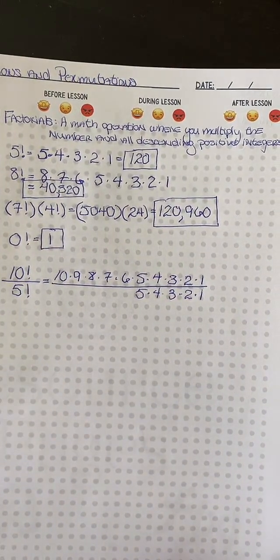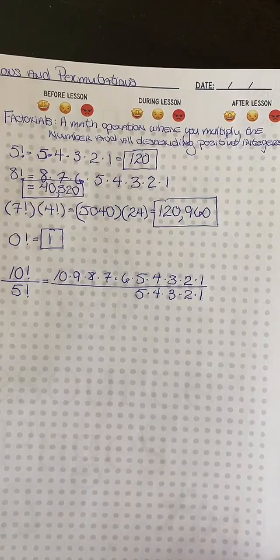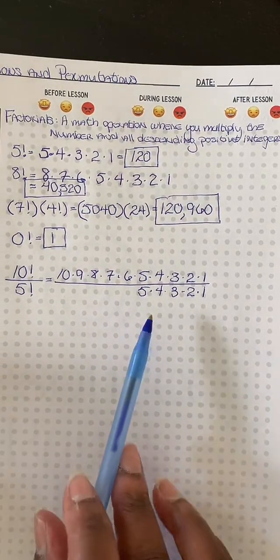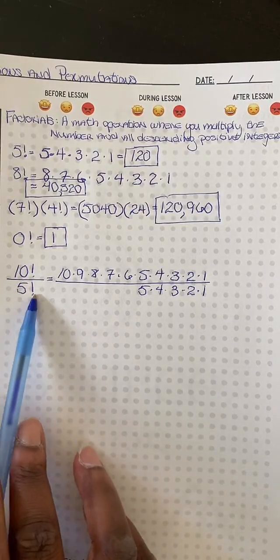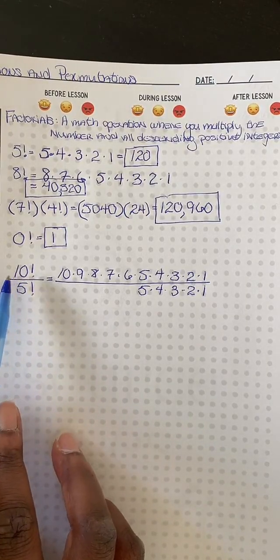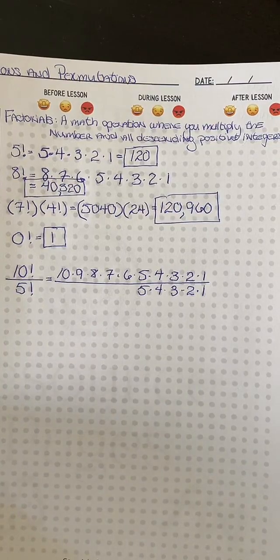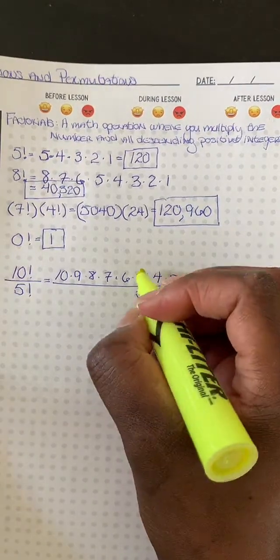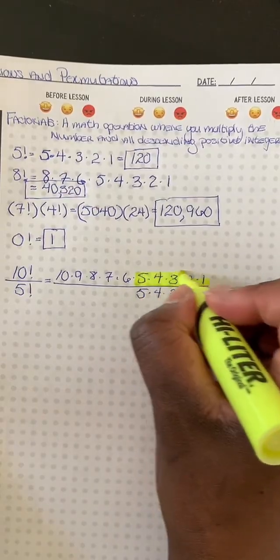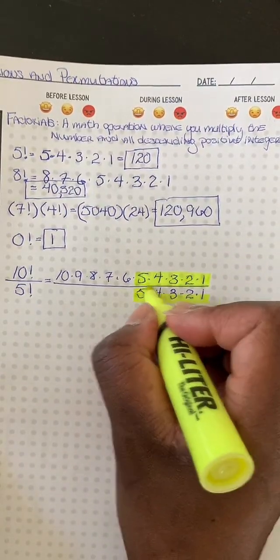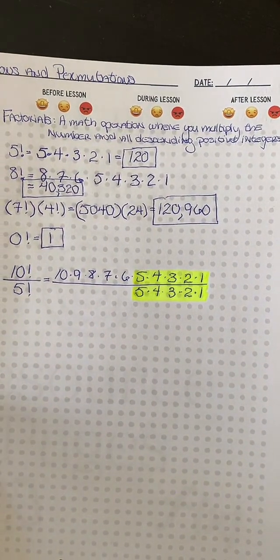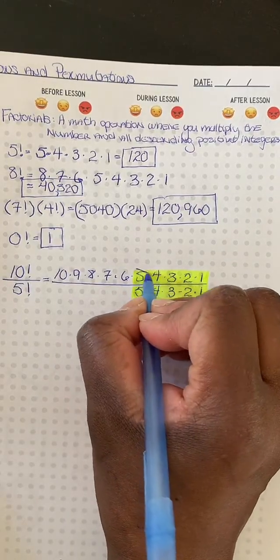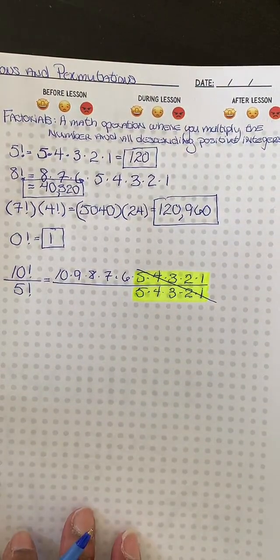Okay? By looking at this, something's happening. 5 factorial is a part of the 10 factorial. Basically, from right here, this is the same as this. And when you have a number divided by itself, that equals 1. So basically, these two can cancel out.